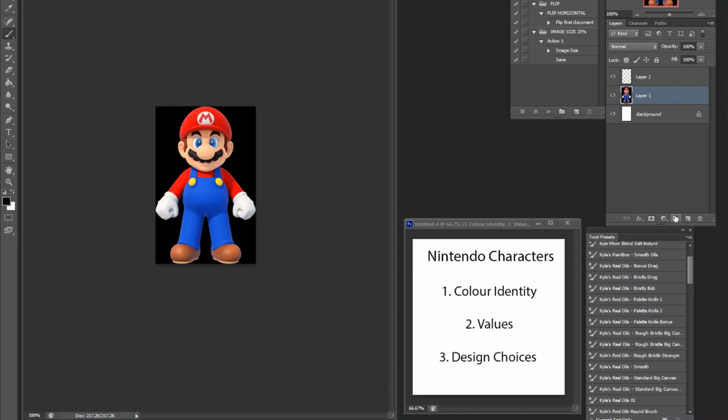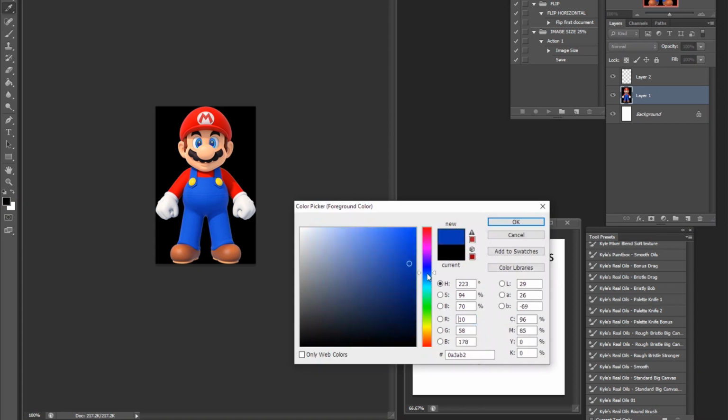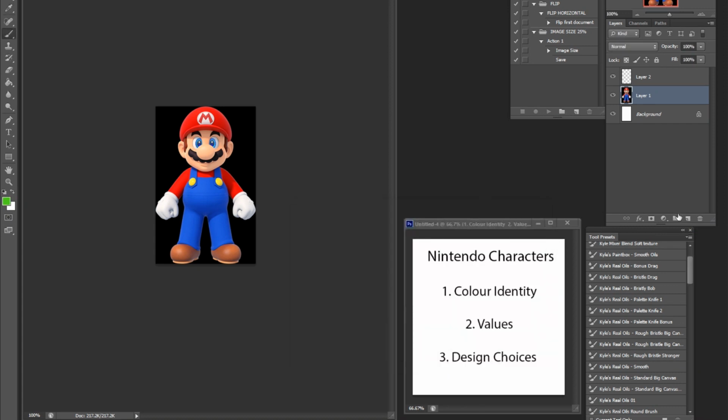So, for instance, we noticed how the arms and the legs here are actually very stocky. So we know, if you've played Mario before, that Mario likes to step on stuff. He tends to use his fists when it comes to Super Smash Brothers and stuff.